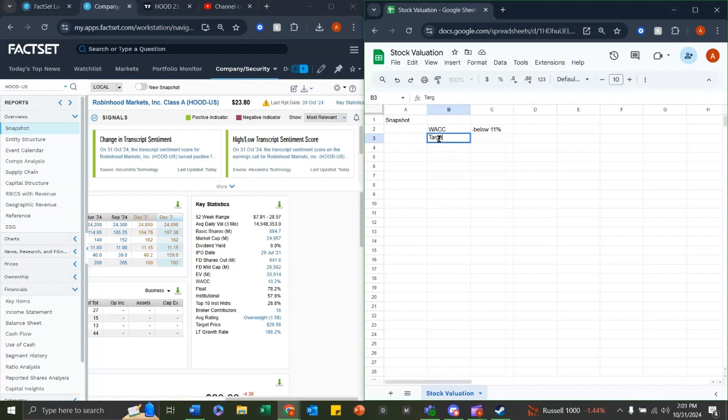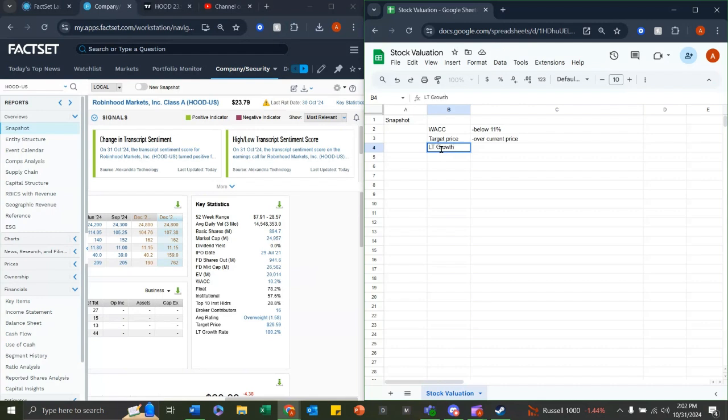So, target price over current price. This stuff, at least in terms of the snapshot, is very basic. Some people might not know what weighted average cost of capital is, but this stuff is fairly basic.